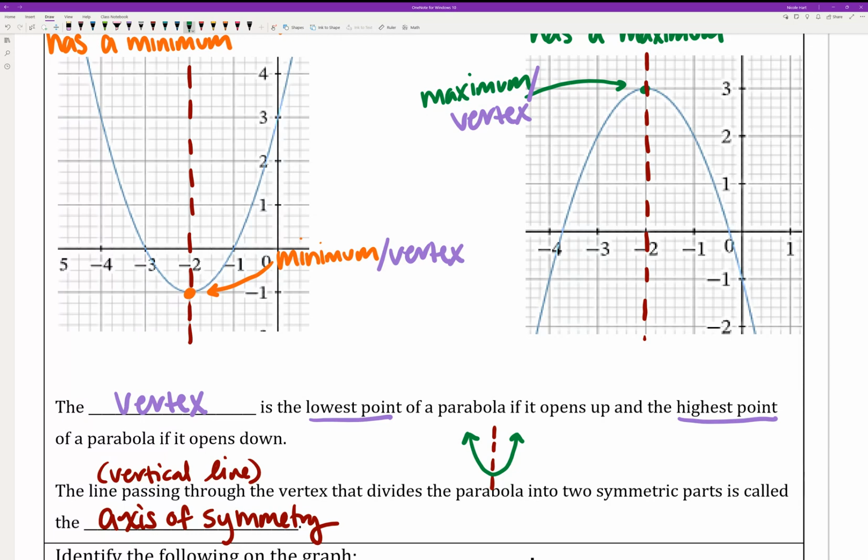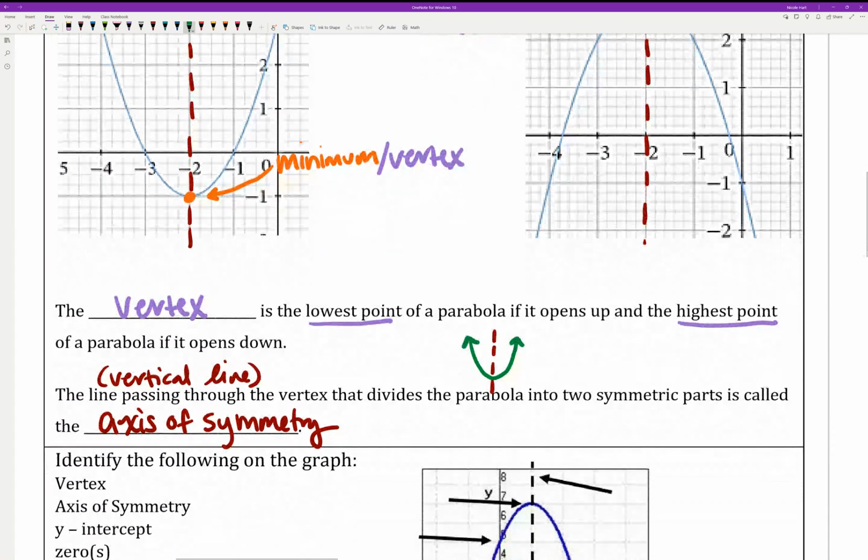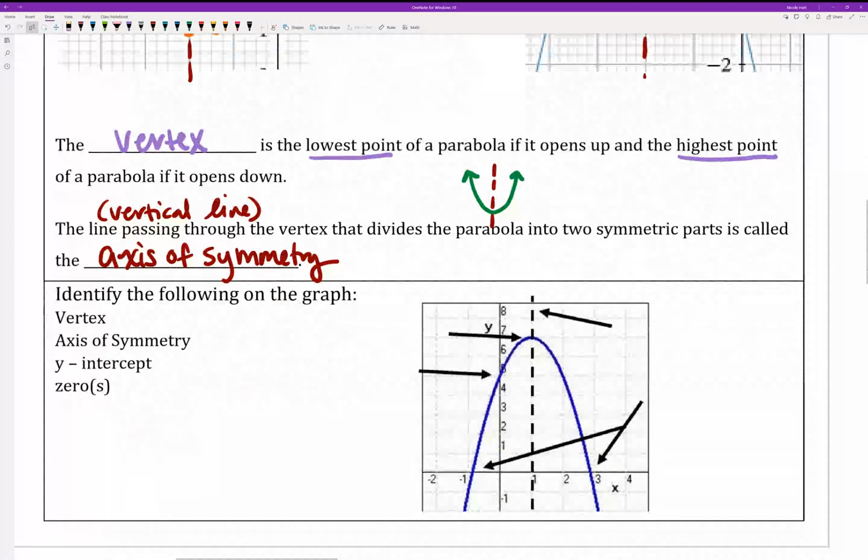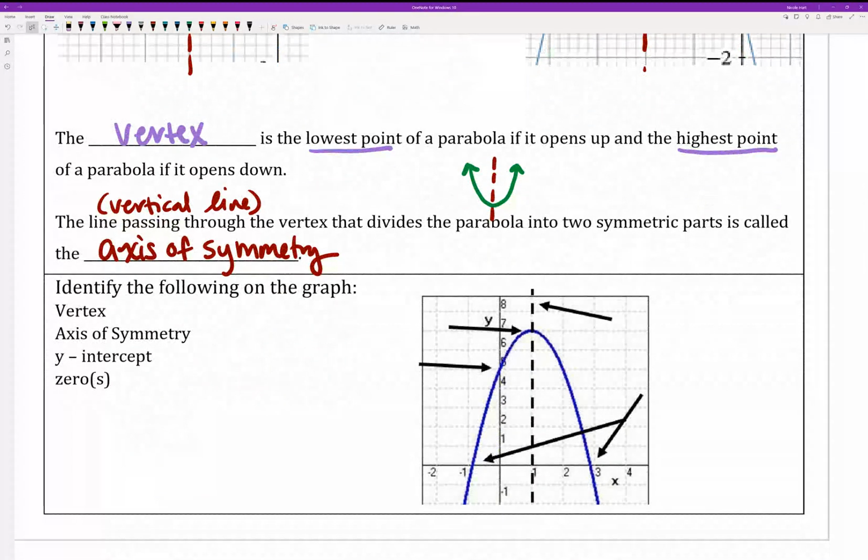So let's see if we can identify some of the features on our graph. Some of these will be new, some of these will be things we have just discussed. Starting off with the vertex, again, it is going to be the highest or lowest point, depending on where the bump of the U or of the rainbow is. And so that is going to exist here. So this is our vertex.